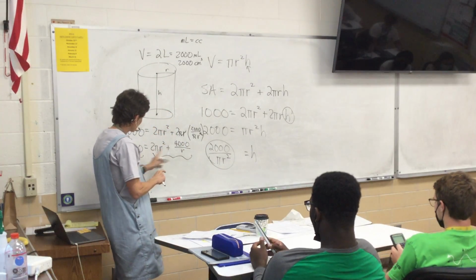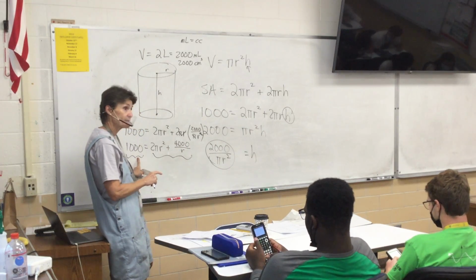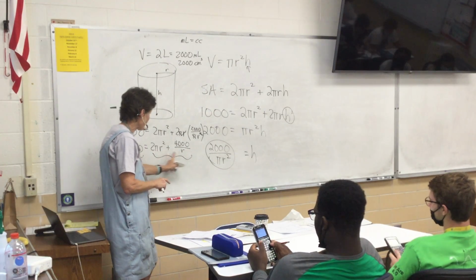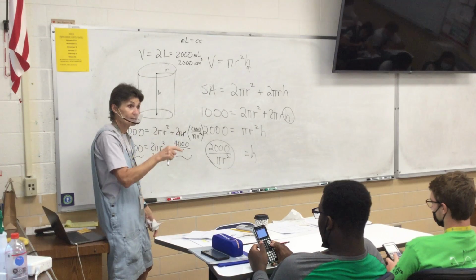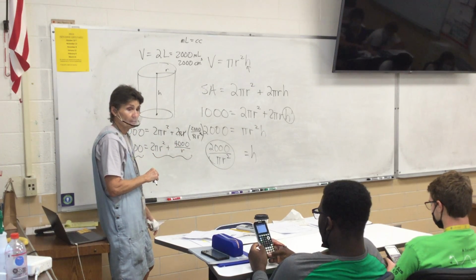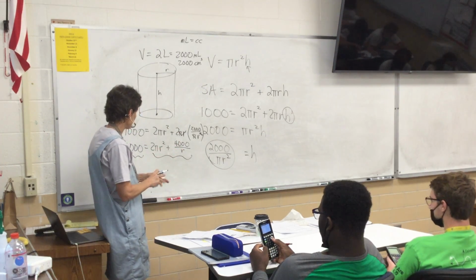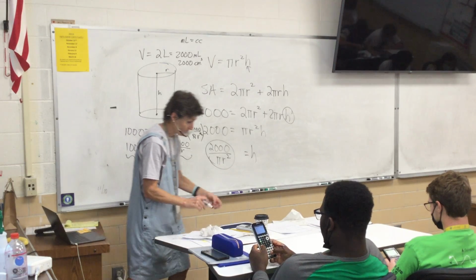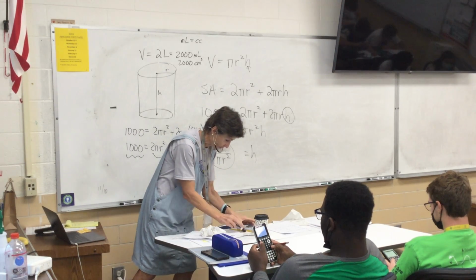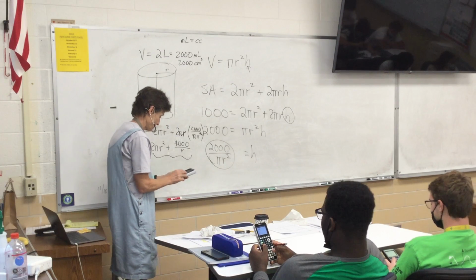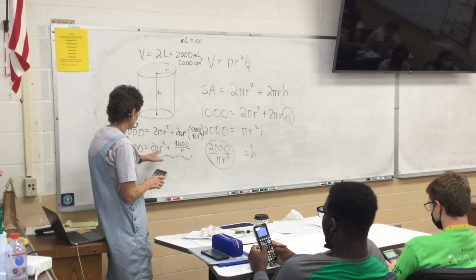If you move this over and set it equal to 0, you would graph all that and look where it crossed the x-axis. So it's whatever flips your switch. You gotta find an r value out of that somehow. So I'm just gonna leave it like this.